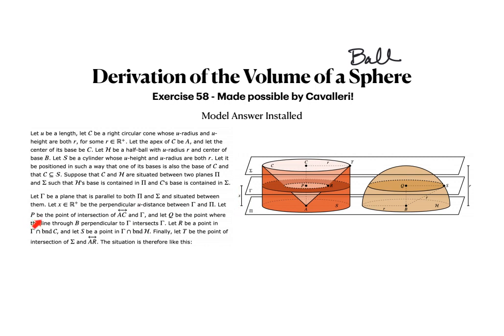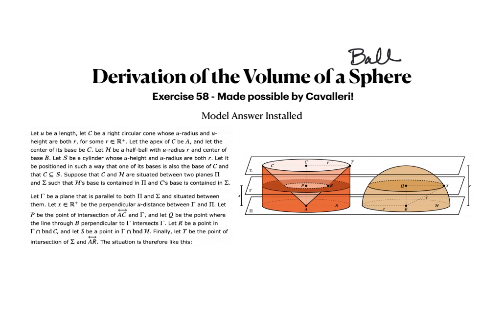We're going to let P be the point of intersection of my line AC and gamma. And we're going to let Q be the point where the line through B, perpendicular to gamma, intersects gamma. So I have my point P here that is x away from pi in my cone, center of the circle. And I have my point Q here that's x away from the center of my base.